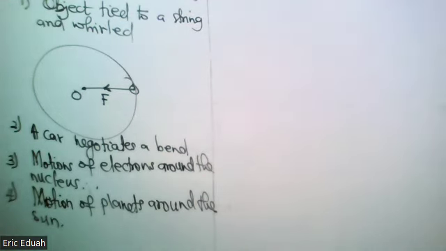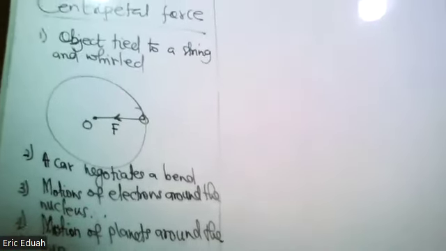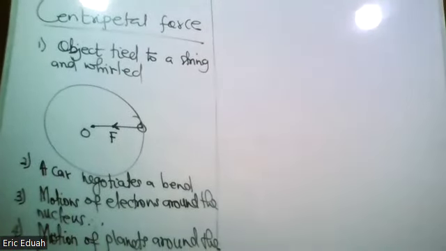So what is centripetal force and what causes it? The truth is that centripetal force seems to be a non-existent force. It looks to be non-existent because centripetal force is always provided by something within the same system.